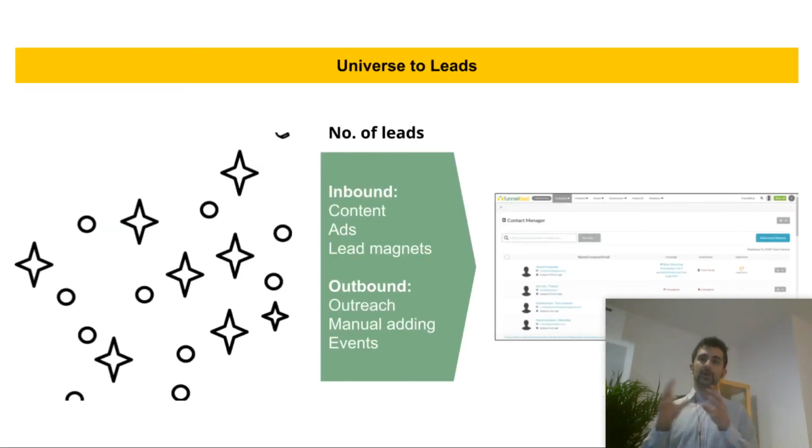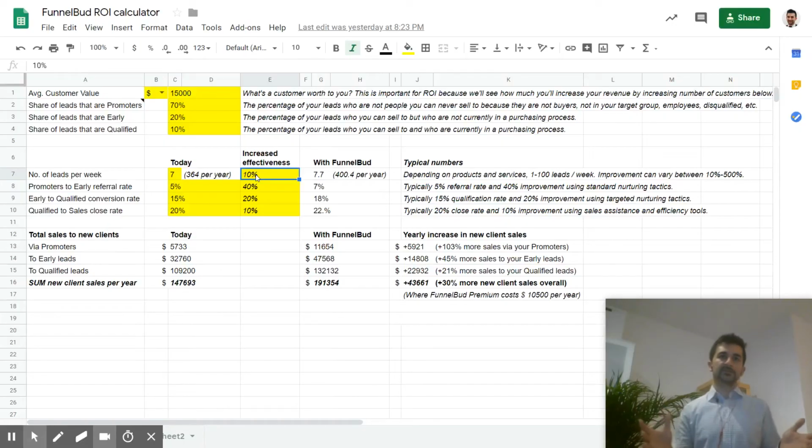If you have a structured market, then outbound can be very effective to systematize and automate your outreach efforts. Because this is so varied, we'll simply put in a pretty low number here of 10% improvement, which is something that most companies can get. And that will increase your number of leads from 7 per week to 7.7 per week.